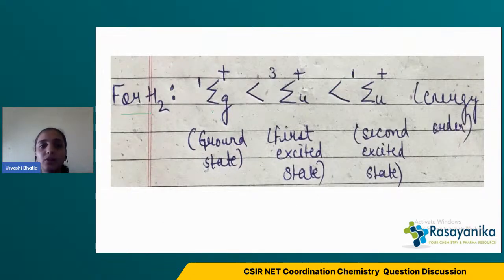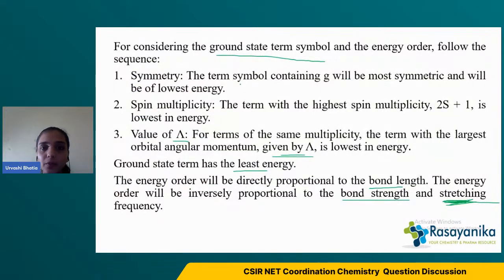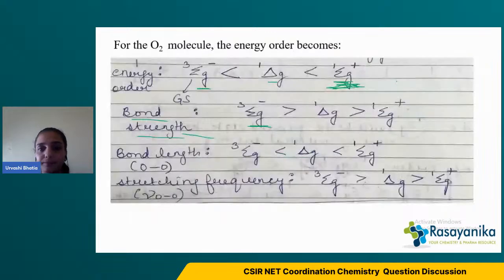Okay. So this is the energy order. These are the terms that you can practice, for practice's sake, how to derive for H2. Okay. So these are the term symbols that we get. This will be the ground state term. Why? Because it is G. In the rules you can read it: the term symbol containing G will be most symmetric and will be of lowest energy.